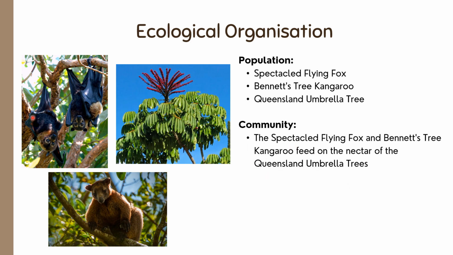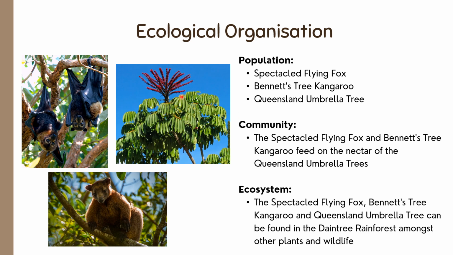So the speckled flying fox and the Bennett's tree kangaroo feed on the nectar of this Queensland umbrella tree. The ecosystem then is the speckled flying fox, the Bennett's tree kangaroo, and the Queensland umbrella tree being found in the Daintree rainforest among other plants and wildlife, and those interactions with the abiotic parts of that ecosystem. So the wind, the water, the temperature, that kind of thing.